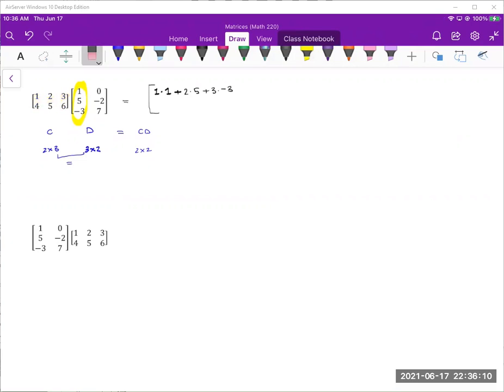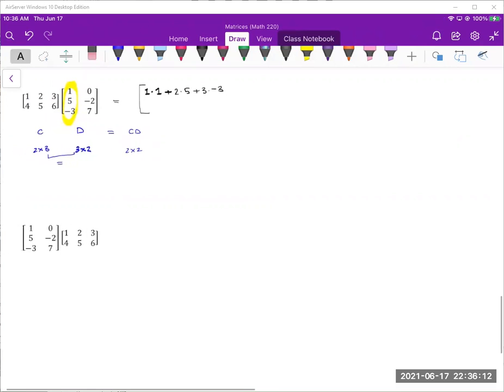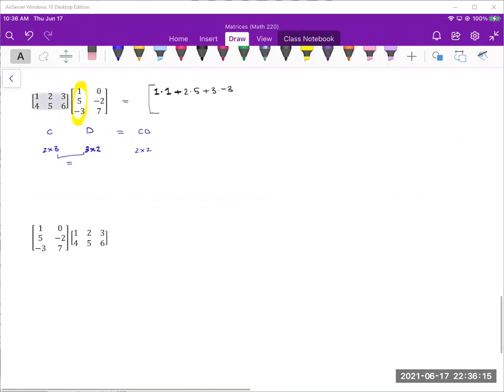Okay. To get the entry in row 2, column 1, we'll take 4 times 1 plus 5 times 5 plus 6 times -3. So this is going to produce our first column.